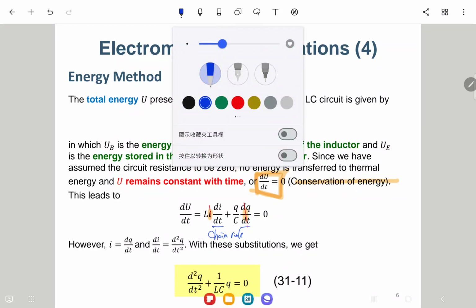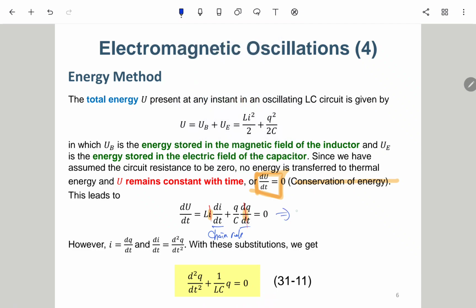So it becomes L d²q/dt² plus 1 over C times q, because q is the unknown function.